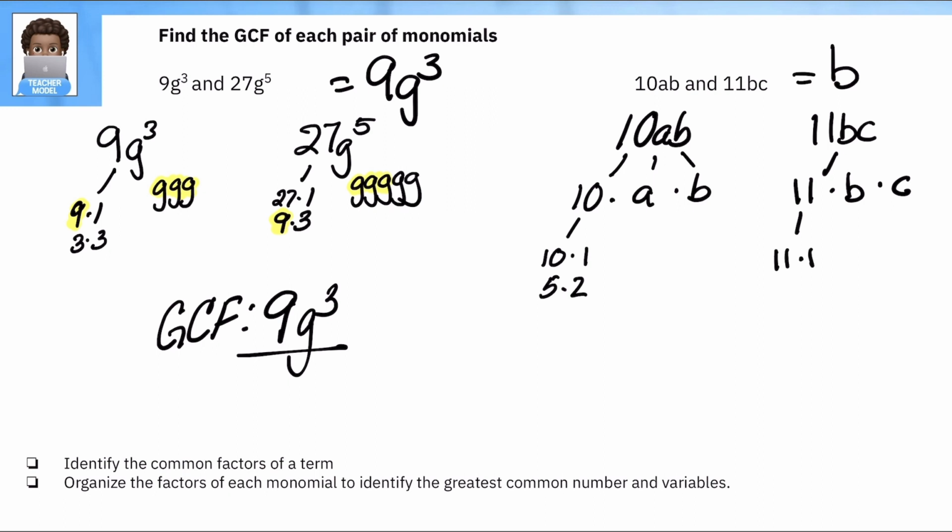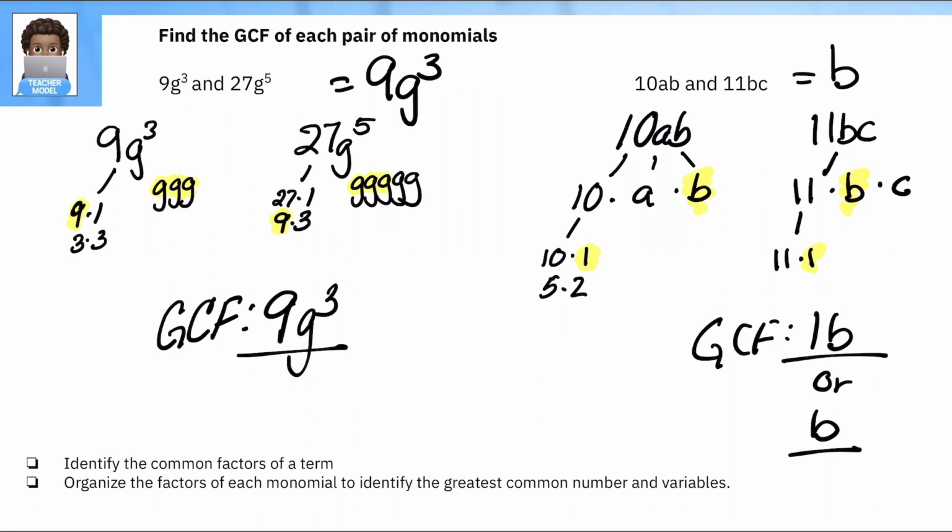So now I'm looking again for what they have in common, and the only thing they have in common is a 1. So that is their greatest common factor numerically. And in terms of variables, just a b. So their greatest common factor is 1b, or as I wrote it, just b.